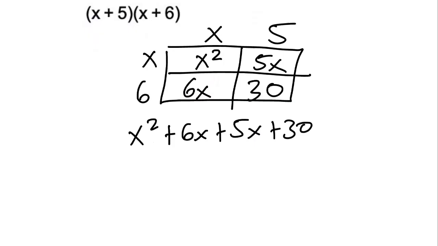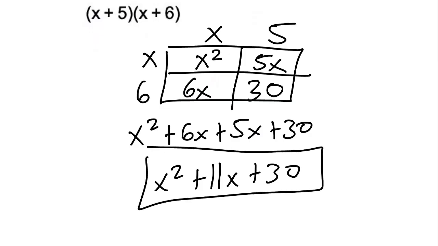Combine like terms: x squared plus 11x plus 30. And you just did multiplication with 2 binomials. Any questions so far? No? Okay.